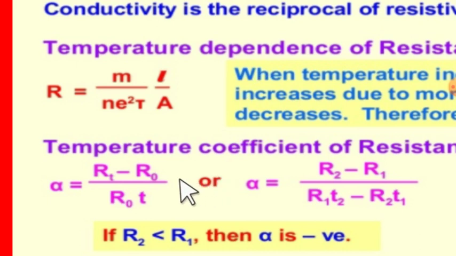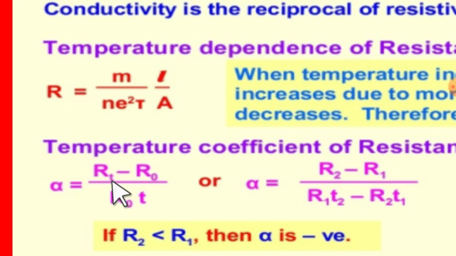At a temperature, if you raise the temperature of the conductor to T degrees Celsius, then the resistance in that conductor, let's take it as RT. So the rise in resistance will be RT minus R naught, as the temperature goes from T naught to T.